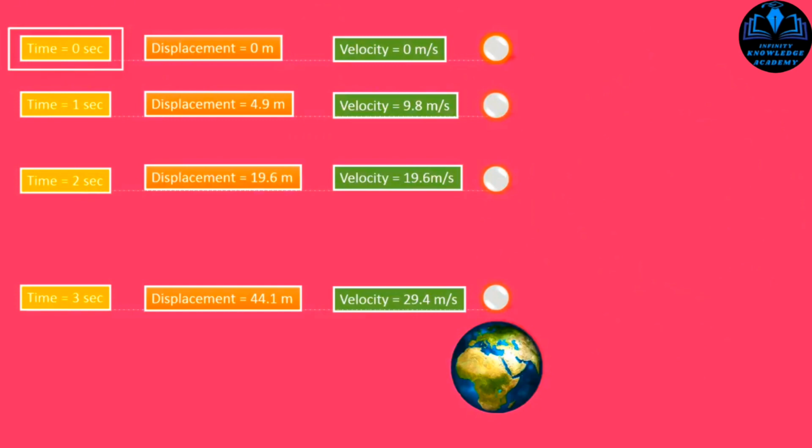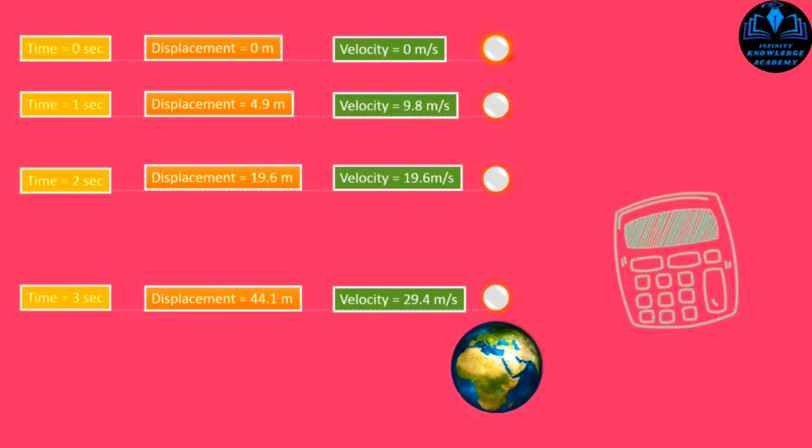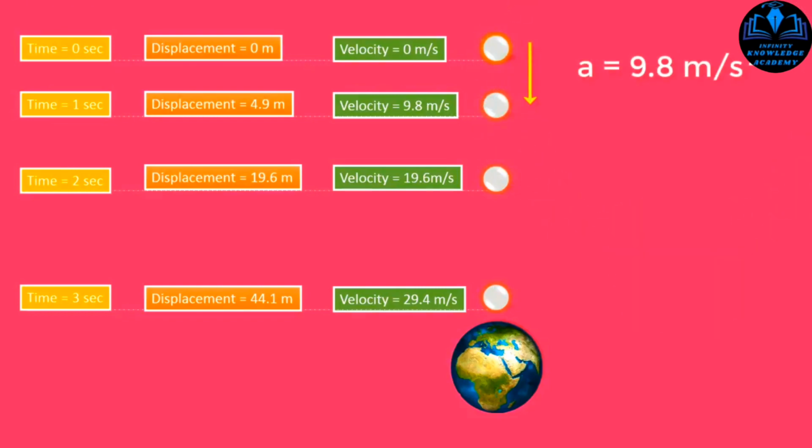Hence at time 0 second, our velocity is 0 meter per second, and at time 1 second, our velocity is 9.8 meter per second. Hence the change in velocity is 9.8 meter per second square. This is the acceleration of this body between 0 and 1 second.